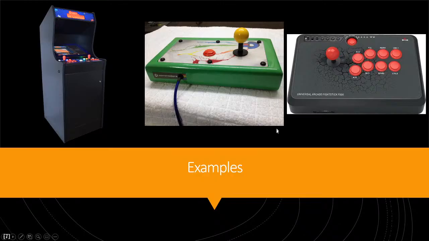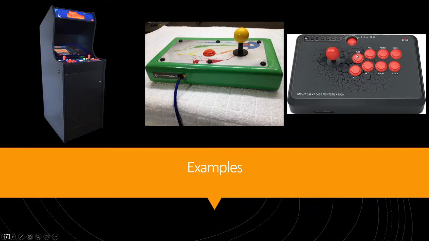So here are some examples of fight sticks. They can range from having one button to 8 buttons. Currently, it's very standard to have 8 buttons. That way, you can tell your game system that this is just a gamepad, it's just fancy looking.